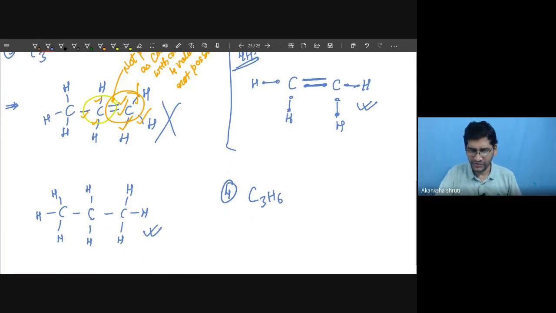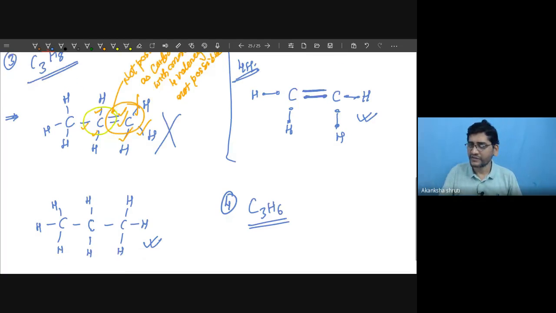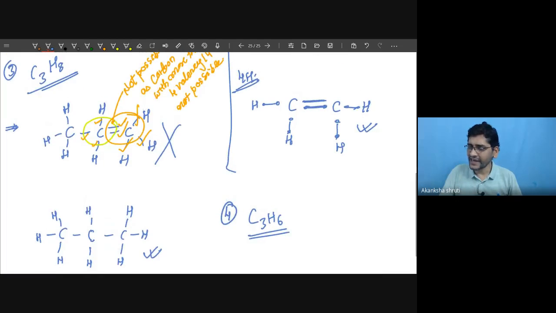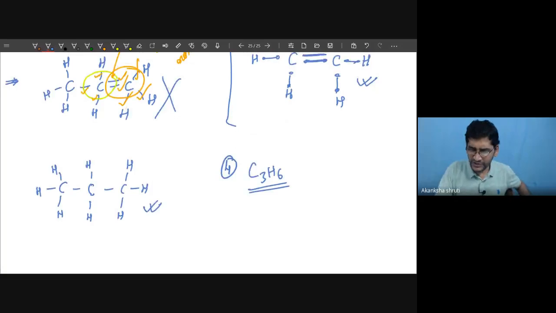What will you do? Draw quickly. Catenation, isomerism and bonding, all these things are integrated. So we have to learn all three things together rather than just remembering the definitions. Concept has to be developed. So, students, first draw the 3 carbons. Draw it quickly.